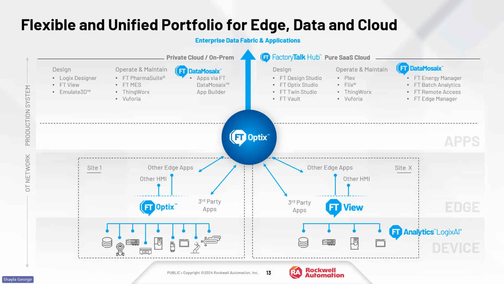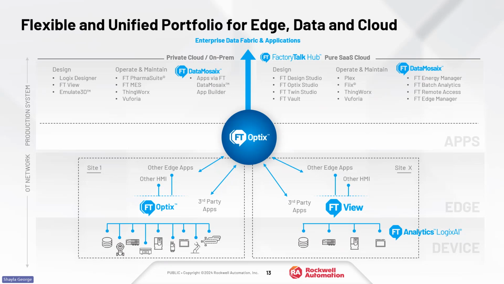You might have Optix on a panel on one site, and then across some of the other sites, you might have FactoryTalk View or other third party HMI applications. In the center, you can use FactoryTalk Optix as a communication bridge to bridge that data across those different applications, as well as get that data up into the cloud, which is Rockwell's cloud environment, FactoryTalk Hub.